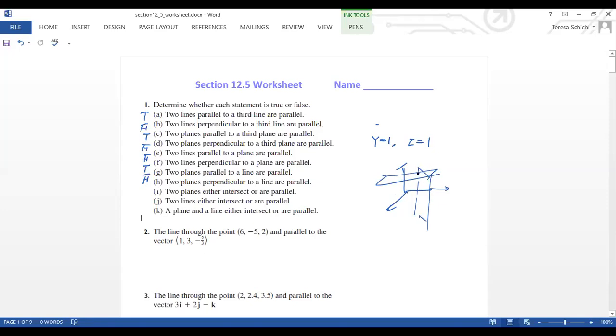Both of those two planes are parallel to the x-axis, but you see these two planes are not parallel.